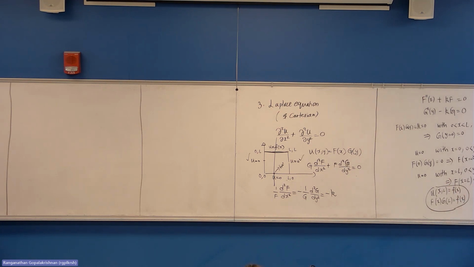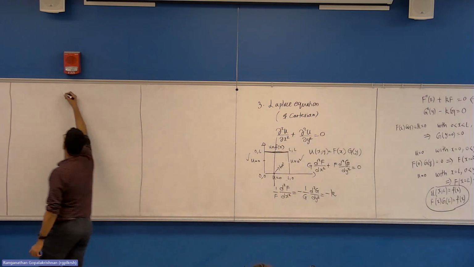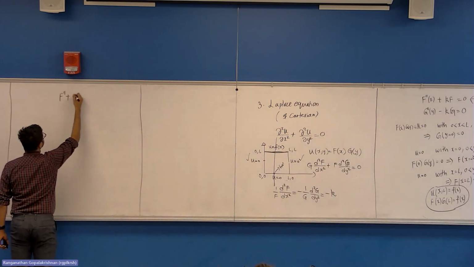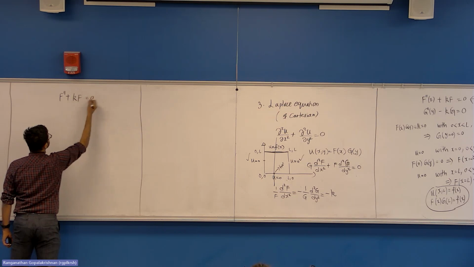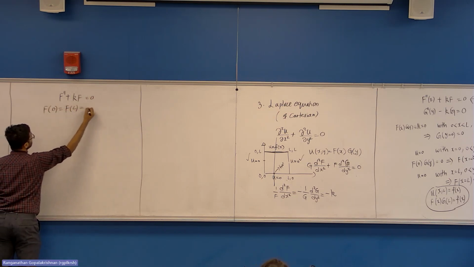So especially these two are now required for us to move forward with this solution. So I have f double prime plus kf equal to 0, f of 0 equal to f of L equal to 0.